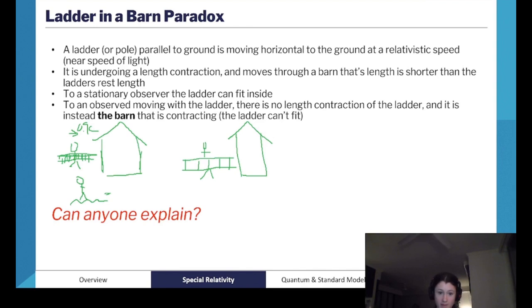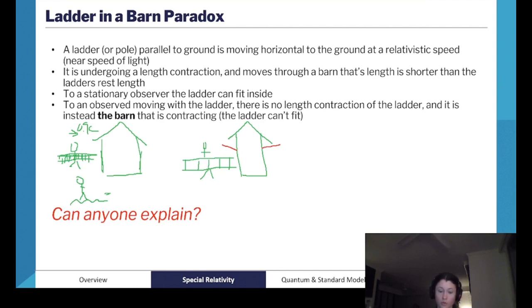is they see this door opening. Then while they're inside the barn, right, this door is opening, right?